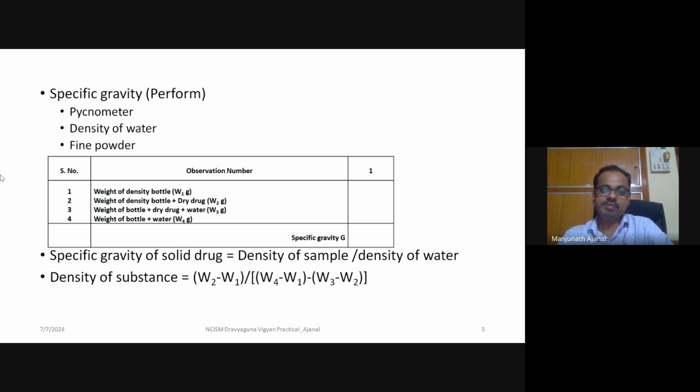For a similar quantity of the powder, what is the weight in water? That is what is called specific gravity. The requirements are the pycnometer or specific gravity bottle, density of water, and fine powder. The examination needs to be conducted with fine powder if you are examining powder. If it is a liquid, you can directly fill the liquid into the pycnometer. This formula is already available in the manual.